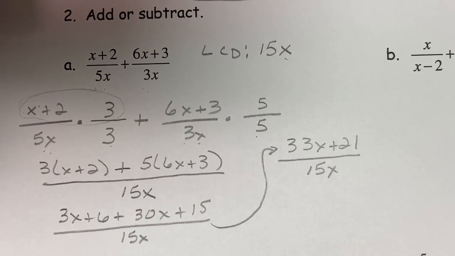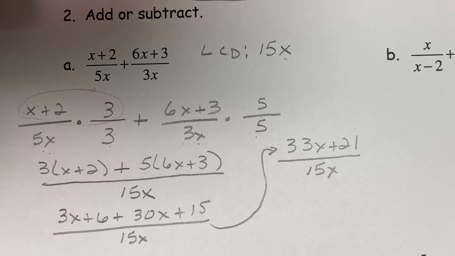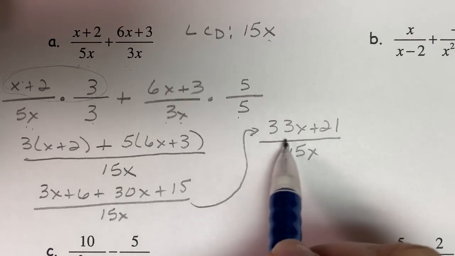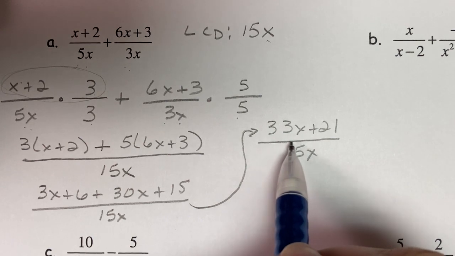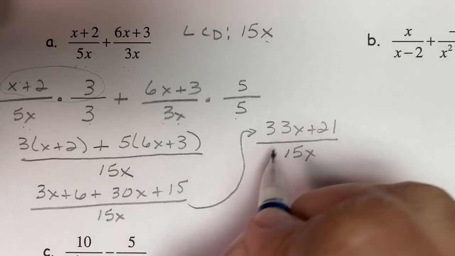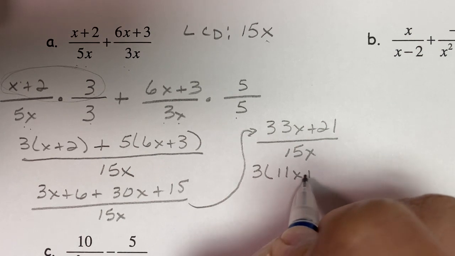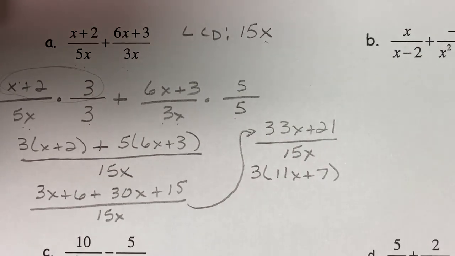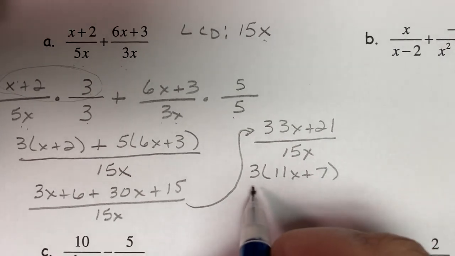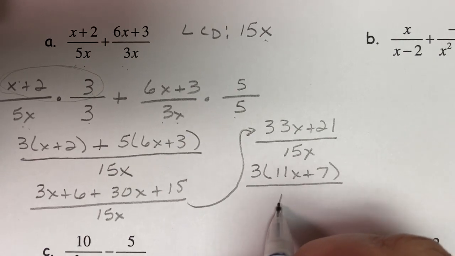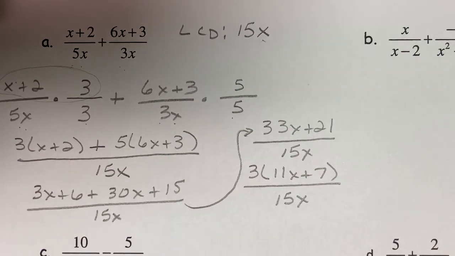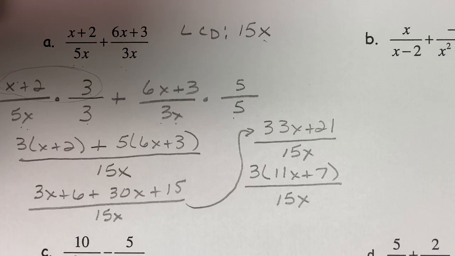So remember, reducing means you're going to factor and cancel. Is there any way I can factor this numerator? Absolutely. It has a greatest common factor of 3. So you're going to have to take that out, and when you take that out, you're left with 11x plus 7. And that's going to go over 15x.